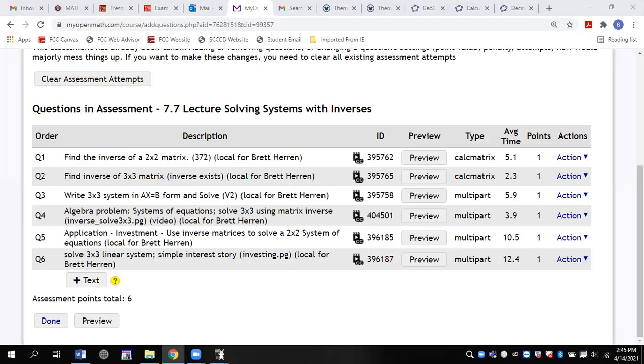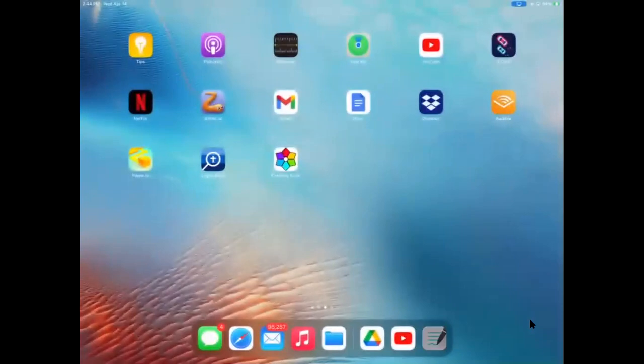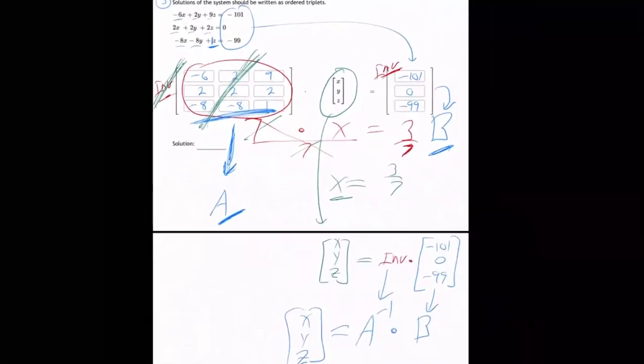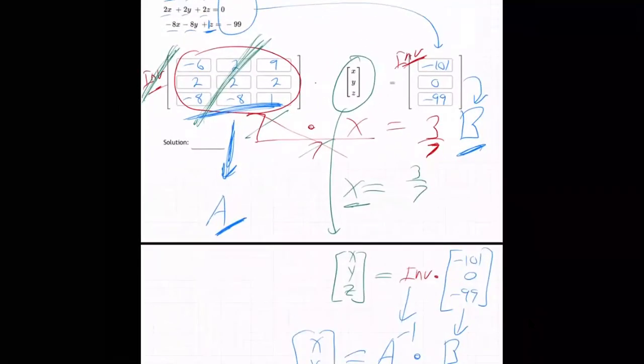All this technology switching back and forth here. So yeah, the final solution, they want you to say 3, 8, negative 11. So the solution is 3, 8, negative 11, you got to put it in parentheses.